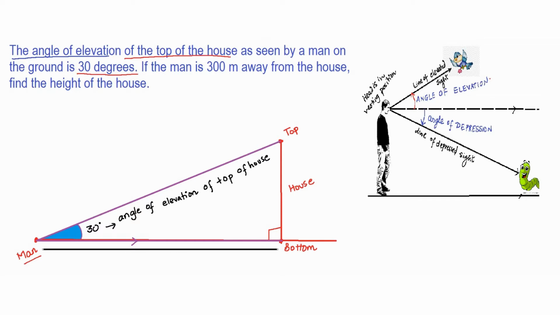So this distance is 300 meters. The vertical line is the house over here, and his distance from the house has to be measured from the bottom, the perpendicular distance, the shortest distance, and this distance is given to us as 300 meters. Now we have to find the height of the house. So let us assign the variable h, and now we have to find the height of the given house.